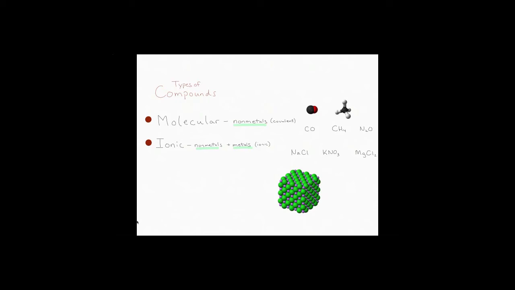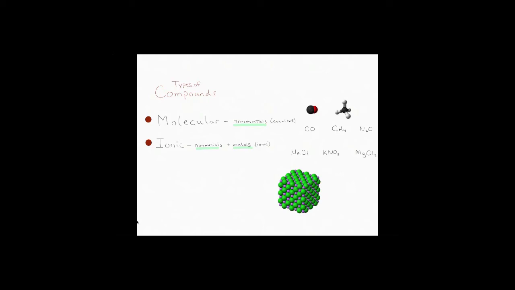Ionic compounds, on the other hand, form in reactions between nonmetals with metals. And these are held together as ions by ionic bonding. Some examples are common table salt, sodium chloride, potassium nitrate, and magnesium chloride.